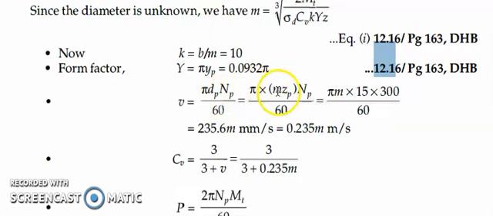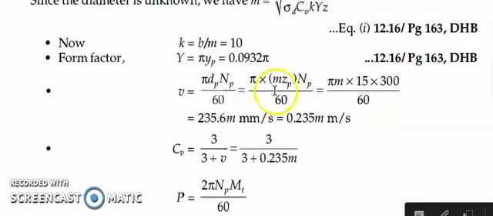Here m stands for module. Then you can use Cv as 3 divided by 3 plus v, which is also given in our question. So here also the value of v is in terms of m, 0.235 into m, and Cv is 3 divided by 3 plus 0.235 into m.